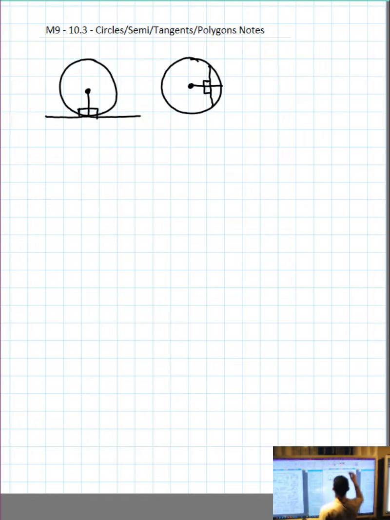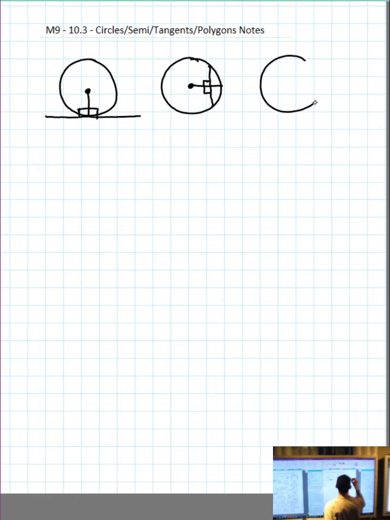A very similar rule, because if you imagine this being the tangent and it meets at 90 degrees, and I just move this to the left a bit, it's exactly the same rule as we just did. So radii are perpendicular, meeting at 90 degrees, to tangents and chords.